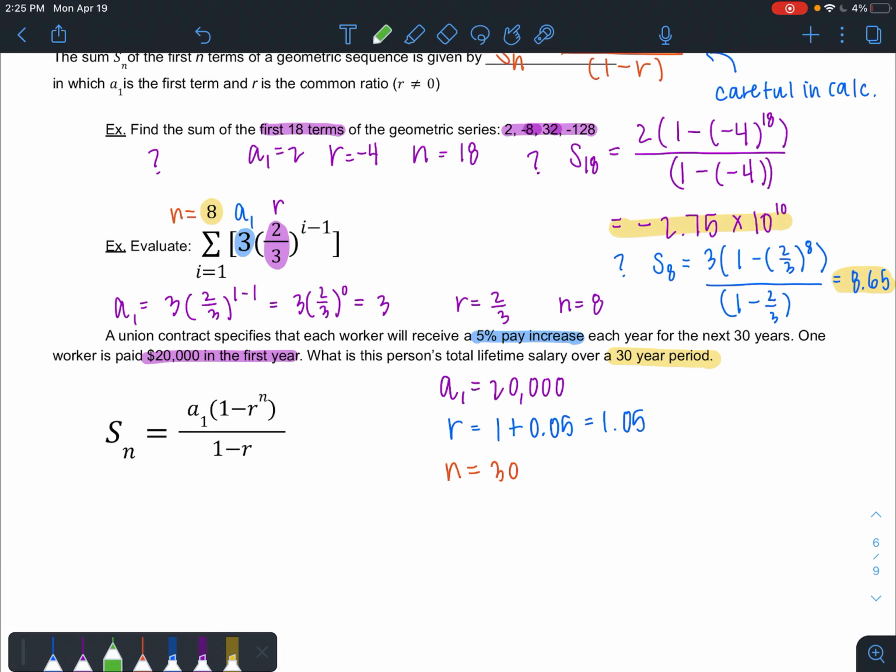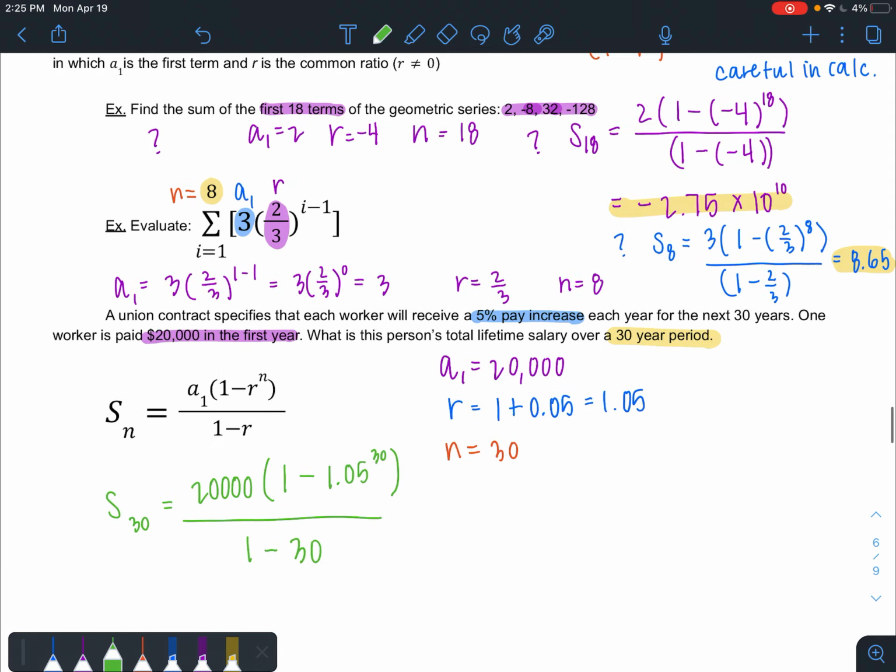So here, let's go ahead and plug this stuff in. I have S of 30 is equal to 20,000 times 1 minus r to the n over 1 minus r.